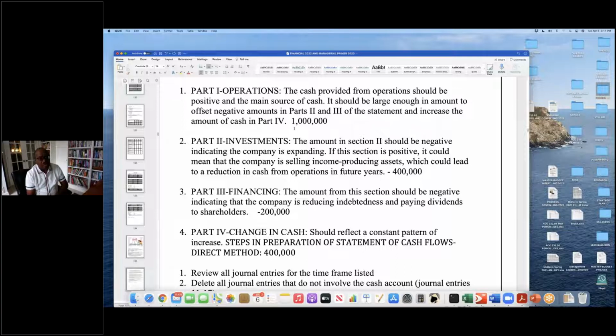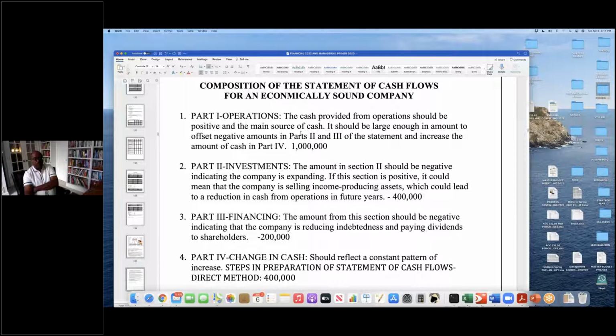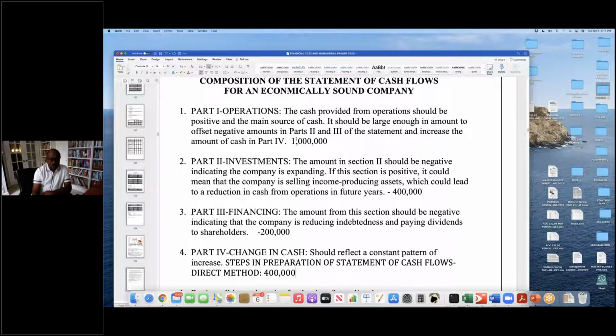So this is what this analysis does. So we have the statement of cash flow, and with it, we analyze where the cash is. And if you don't have any cash in operations, there's something wrong. Just like you personally, if you're running around and you have no salary, then you aren't going to go but so long.